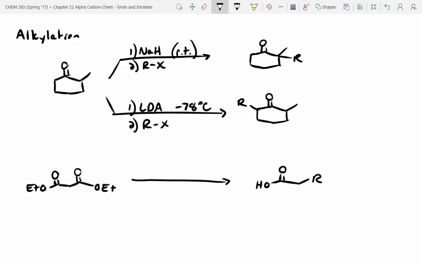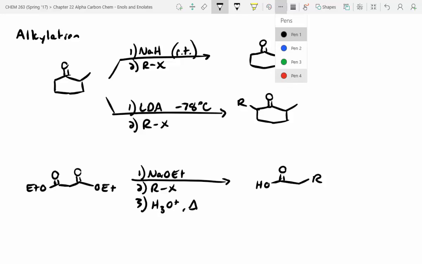What was the first step for this one? Yeah, sodium methoxide. You want to use the same base as the leaving group for your ester. So we deprotonate, then we alkylate. And then step 3, we've got to blow off CO2 and convert our ester to a carboxylic acid. What do we need there? Yeah, just acid and heat.